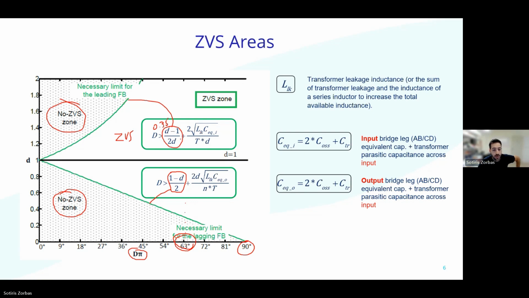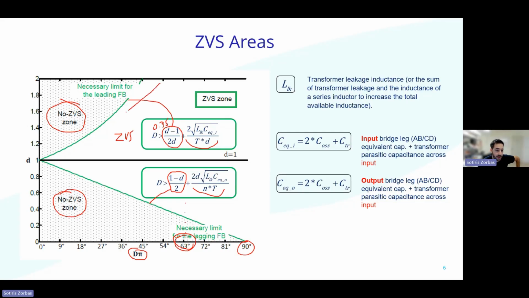But those are necessary conditions, but are not enough, because we have to take into account the leakage inductance and the actual equivalent capacitances of the input and output bridge. Now, if you put that term and that term into the game and plot again for D, you will have something like this.